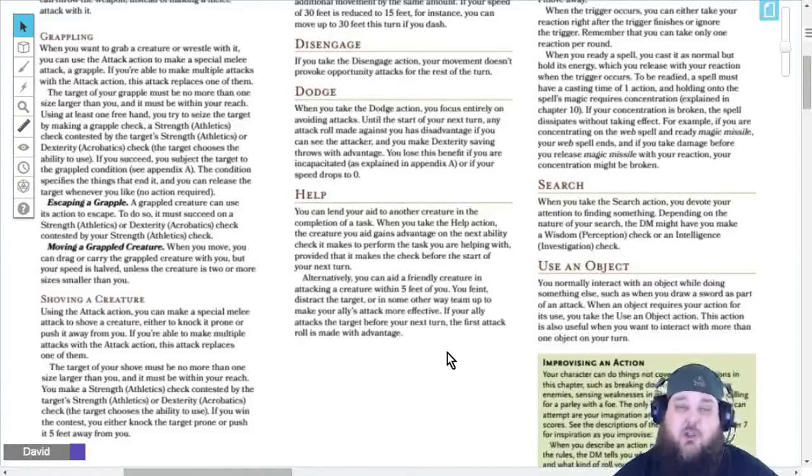You can actually assist someone doing a check. So if someone is trying to search a tomb, you can help search that tomb and have advantage with that. Maybe you want to help with a medicine check, go for it. You can bring your minds together. That would be great. Now, alternatively, you can aid a friendly creature in attacking a creature within 5 feet of you.